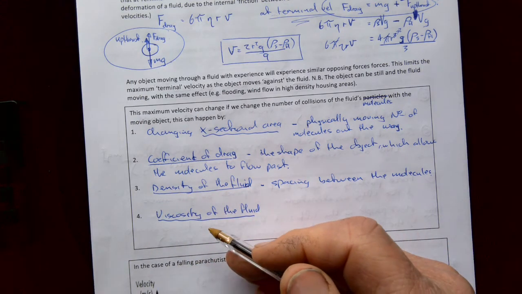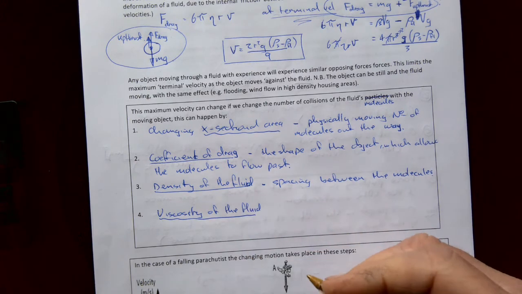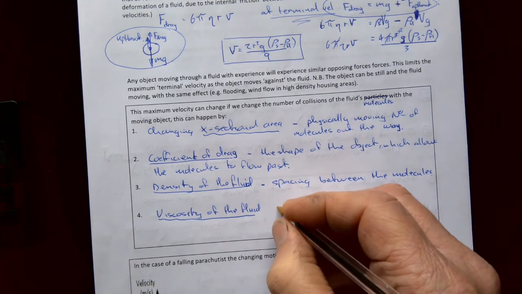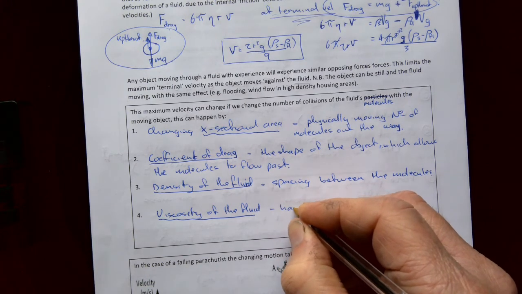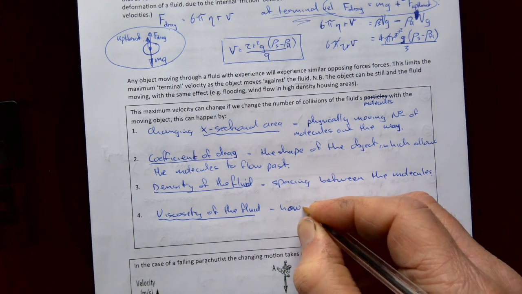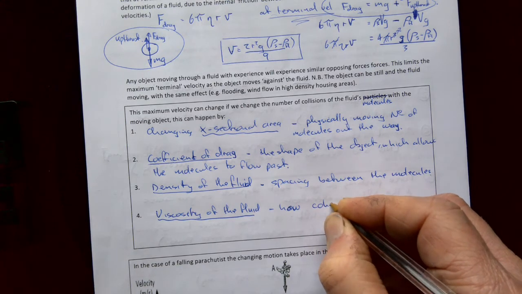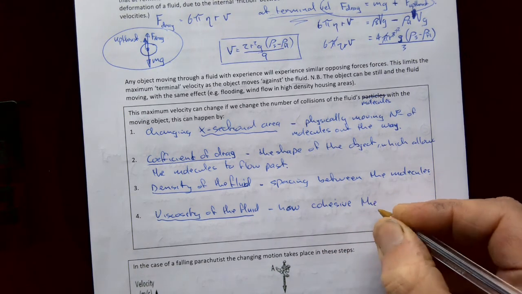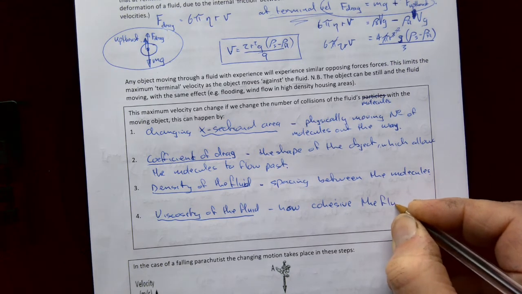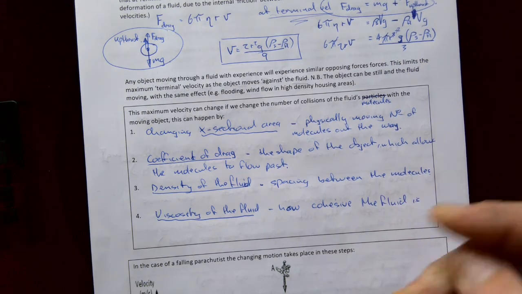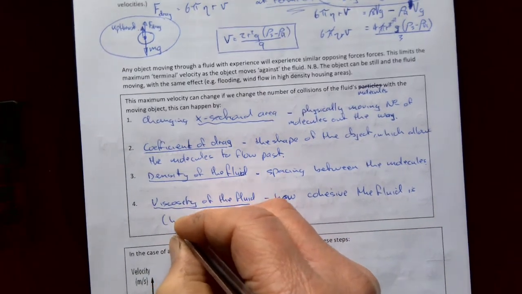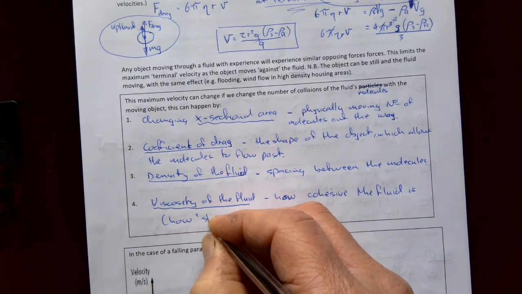The viscosity is the type of liquid, so air doesn't change, but basically, to give the proper version, it's how cohesive the fluid is. And a cohesive force is how well it holds together. So basically, how unscientifically sticky.